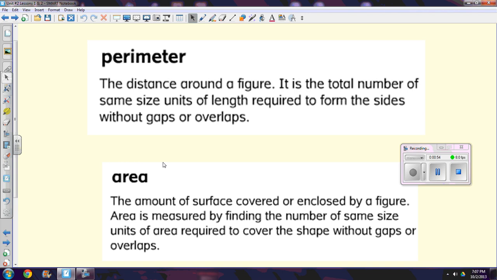Area is the amount of surface covered or enclosed by a figure. Area is measured by finding the number of same size units of area required to cover the shape without gaps or overlaps. So I would pause it and record both definitions, please. And then we will take a look at number 1 again.